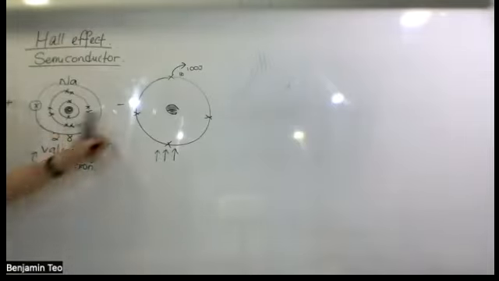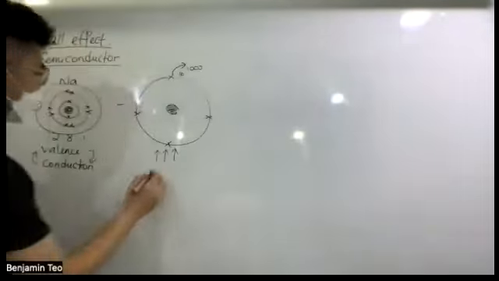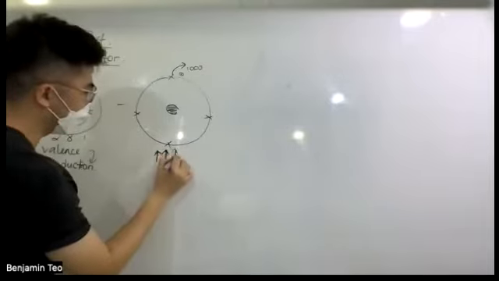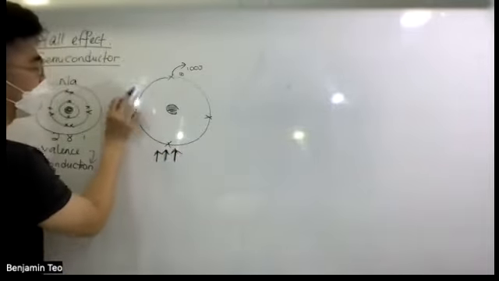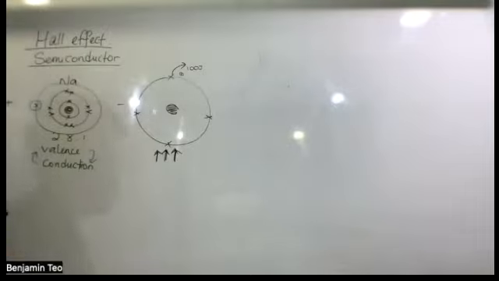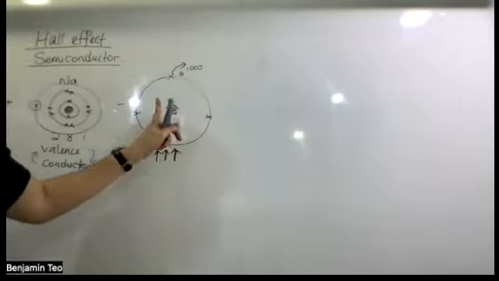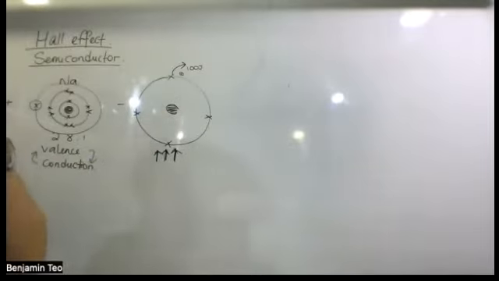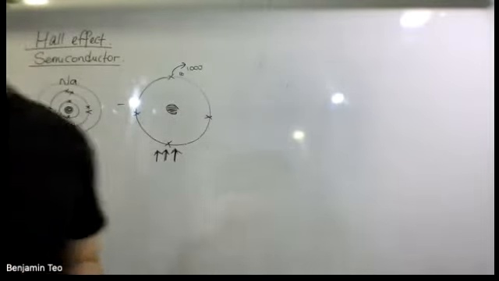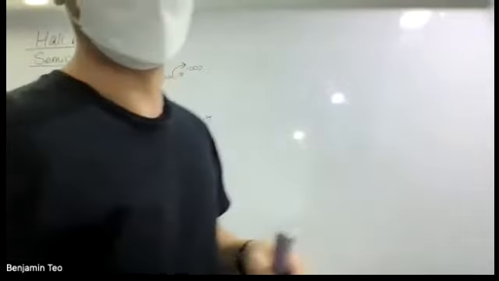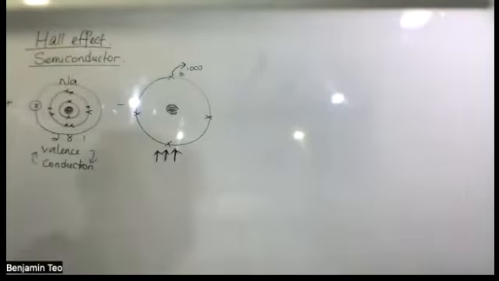Metal will have more than the semi-metal. But at high temperature, if I keep increasing the temperature, you will have more and more electrons jumping into the conduction band, and thus semi-metal will become a better conductor at high temperature. That is why semiconductors are used in electronic chips, laptops, phones, all that.